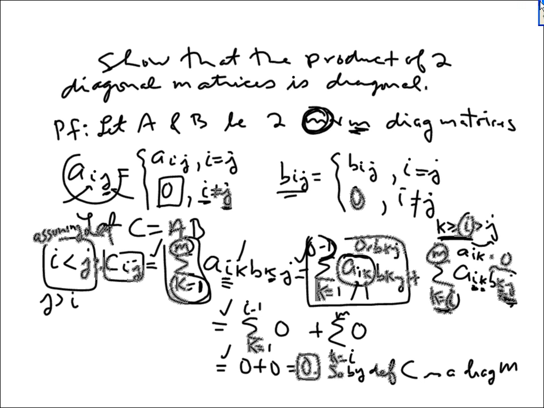Let k go from 1 to j minus 1. Don't start off at i. Start off at j. What might change is what's on top here. We have to think about that.